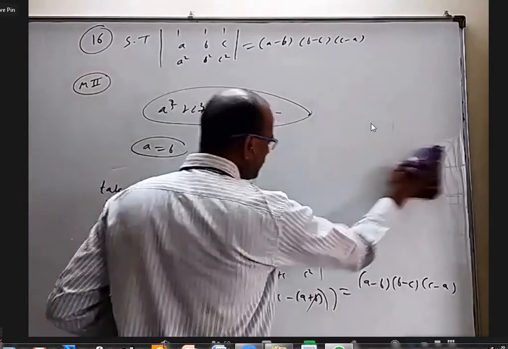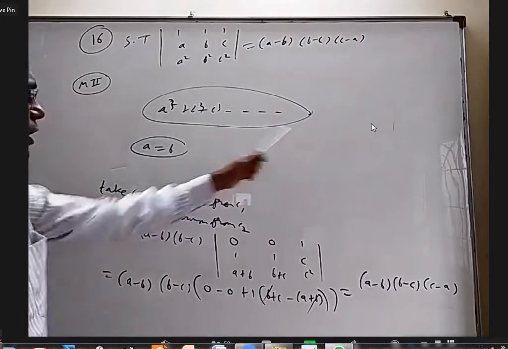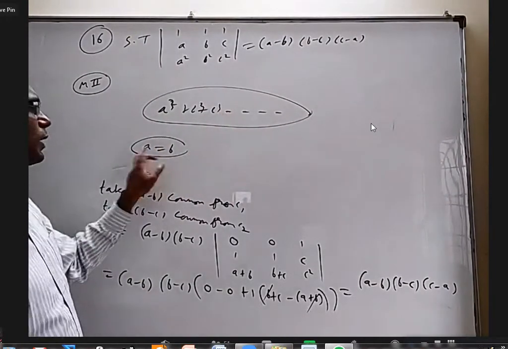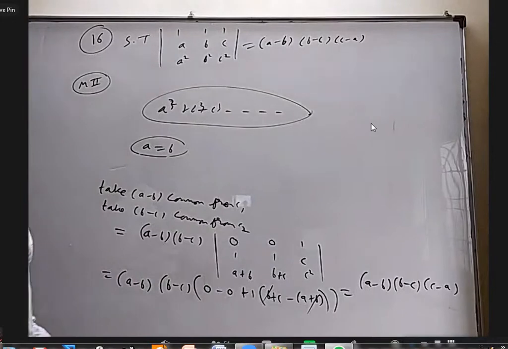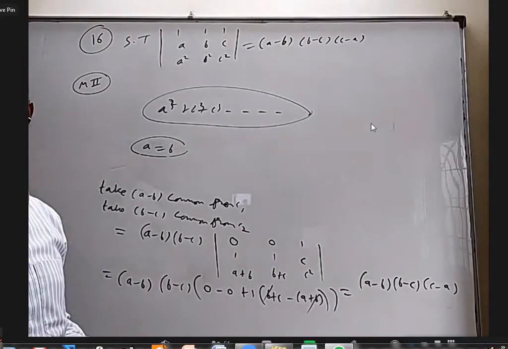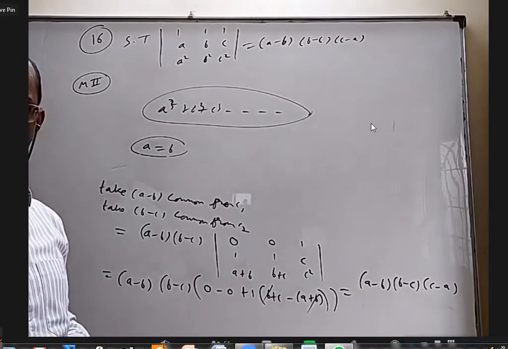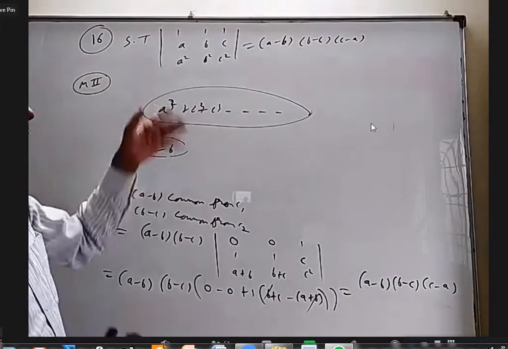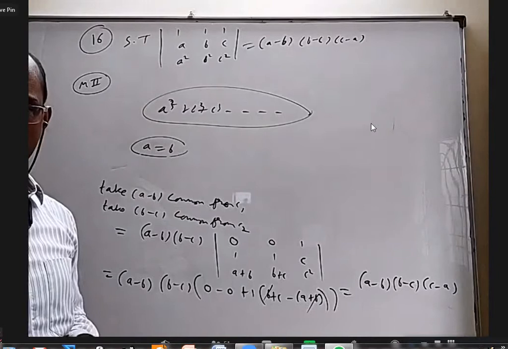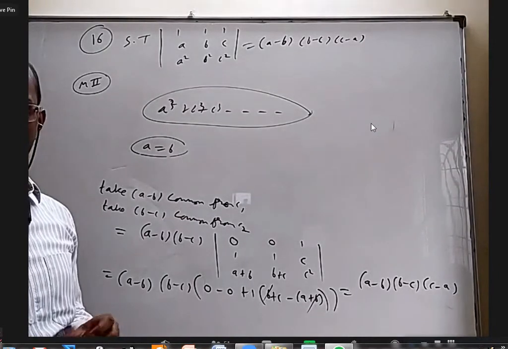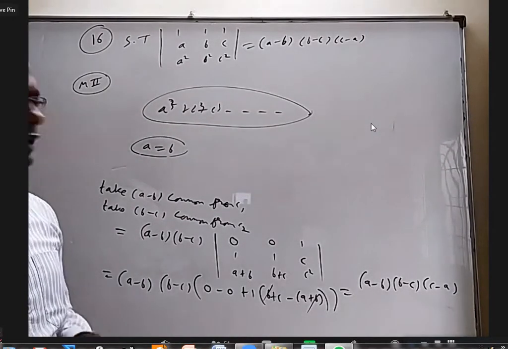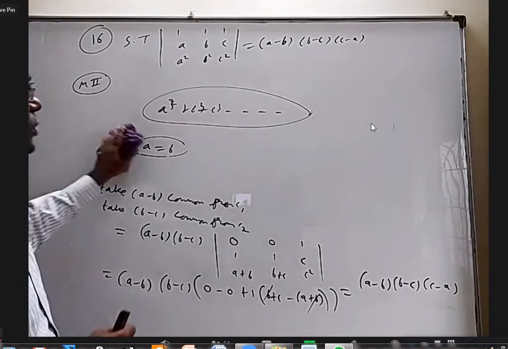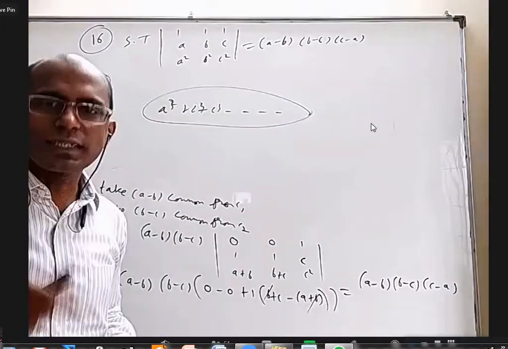The same way, if I have an algebraic expression and I put a equal to b, and this whole thing becomes 0, can I say this is divisible by a minus b? Note that a and b are variable numbers; I'm not saying a equals b, I'm saying replace a with b.